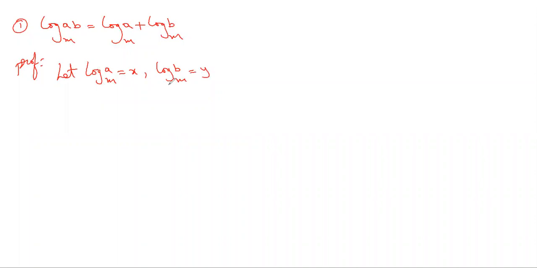Why are we doing it like this? We know the exponential function properties, and the logarithm is the other way of writing an exponential notation. So if you convert this into a well-known exponential notation, then we can use the properties there and get the properties here. That's why we are letting this value as x and this value as y.